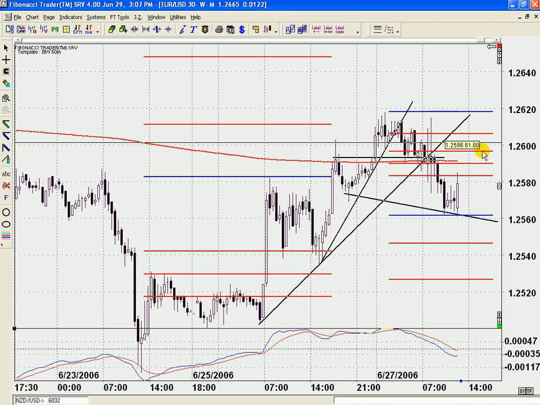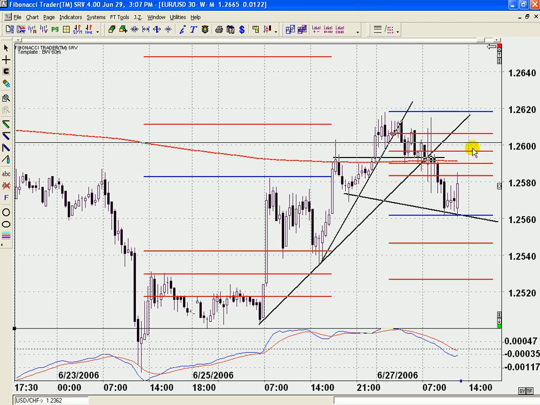The difference between the 62% and the 79% retracement is about 10 pips. So I would say that somewhere price could turn here at this 32% retracement and go down, or price could come up to between the 62 and 79% retracement.